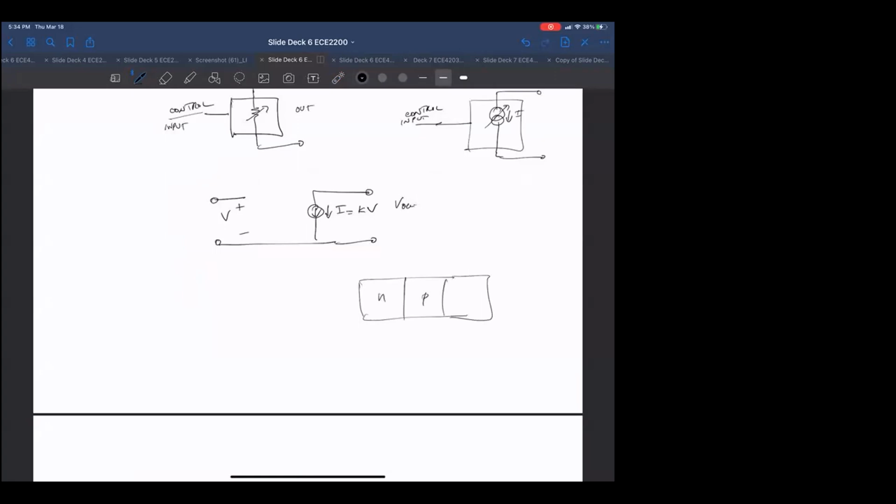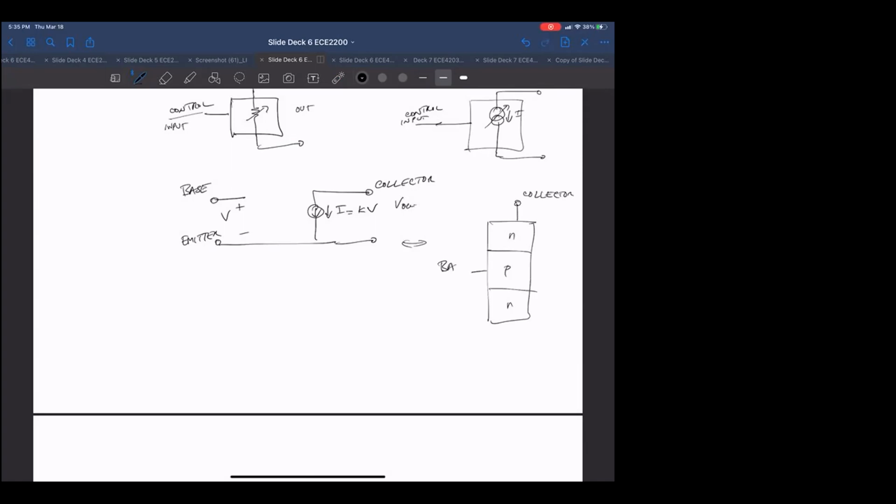So if I draw it vertically, in the same orientation as the circuit, and I call this node the base, this node the emitter, and this node the collector, what it would look like is collector, base, and emitter.